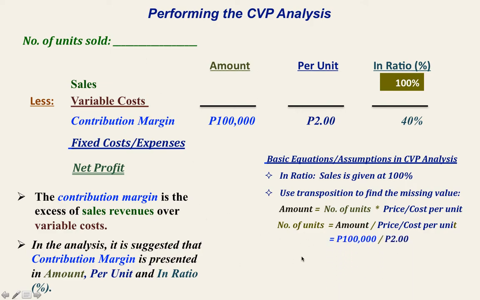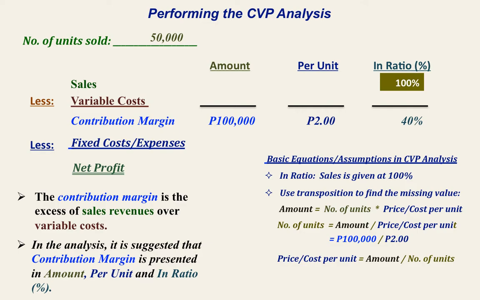With that equation, the number of units is 50,000. So for the number of units sold, the amount of contribution margin, and the per unit, if one of these is missing, just do the transposition. If the price or cost per unit is missing, then you have to do this equation: amount divided by the number of units.